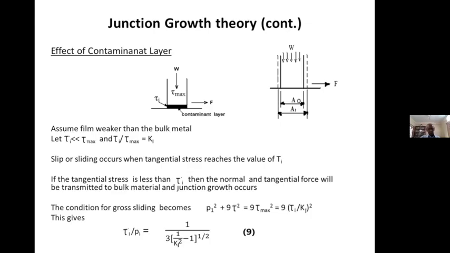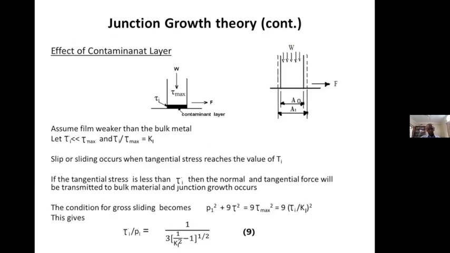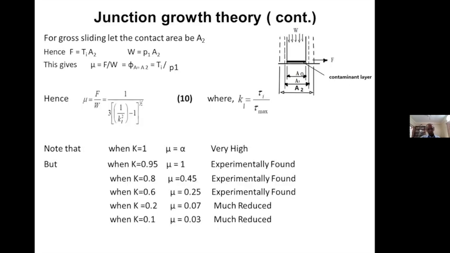Look at it carefully. In equation 9, the left-hand side is tau i by P1. So mu is F by W, which is nothing but tau i by P1, and hence the right-hand side of equation 9 will remain the same.